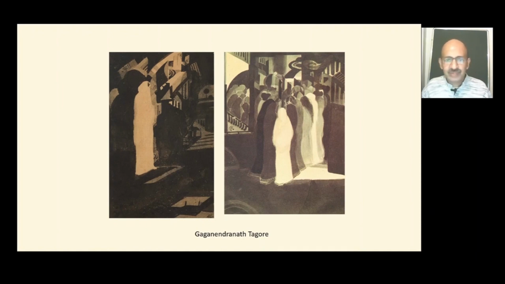But the cubism that we see in Gaganendranath Tagore's paintings do not have any kind of similarity with Picasso's brand of cubism. Gaganendranath Tagore reinvents cubism to create mystery and different facets of light and shade in his paintings. This is a unique contribution to modern Indian art.